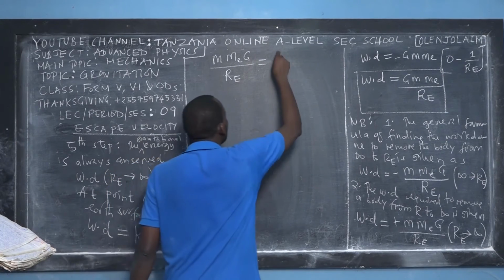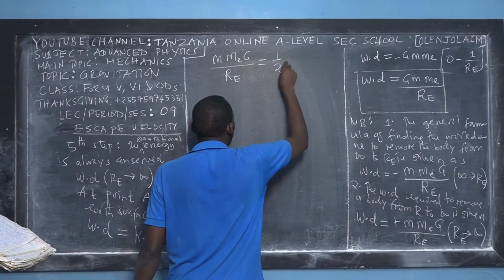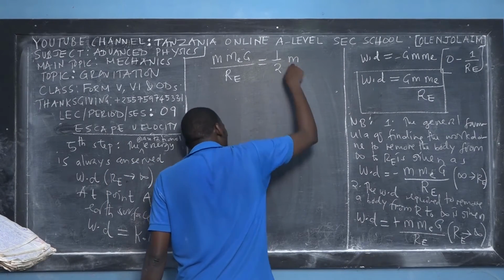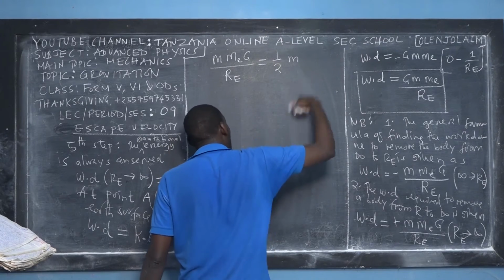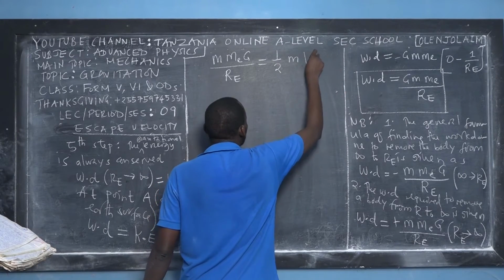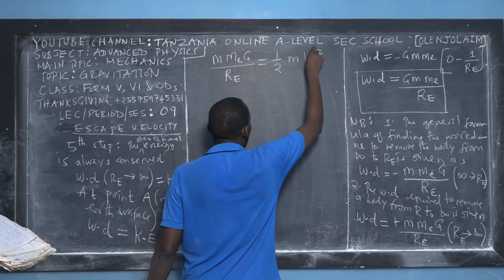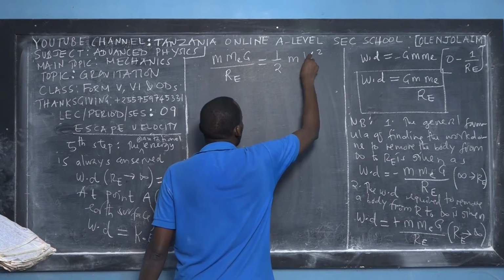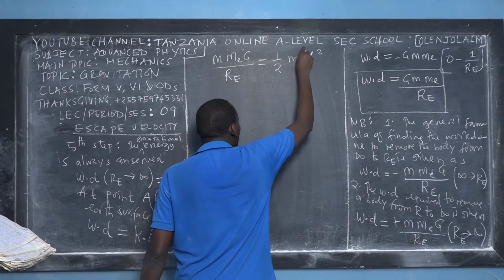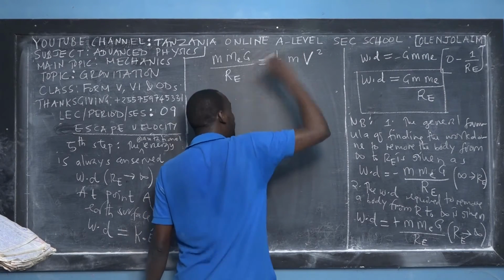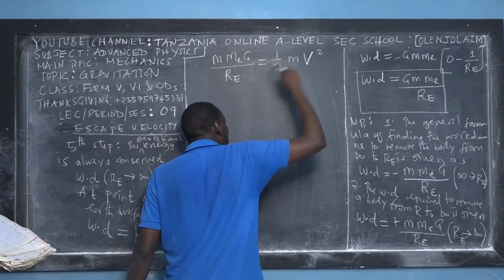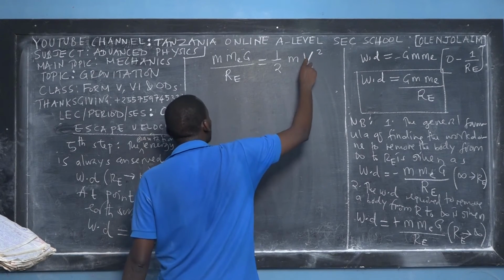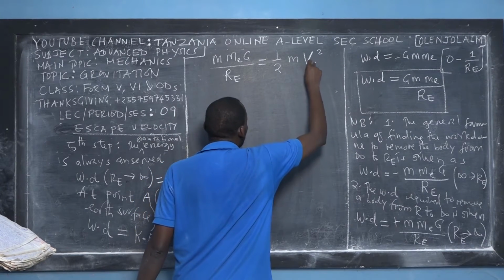From fundamental mechanics, this kinetic energy is a half times the mass of the body moving away from the Earth's surface times the square of its velocity. This is the velocity because now the body is moving from the Earth's surface to infinity, where there is no disturbance or gravitational pull. So this velocity we call the escape velocity.